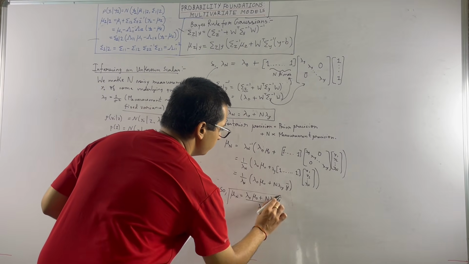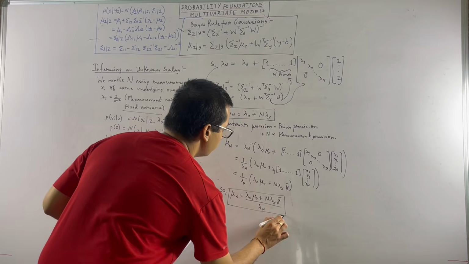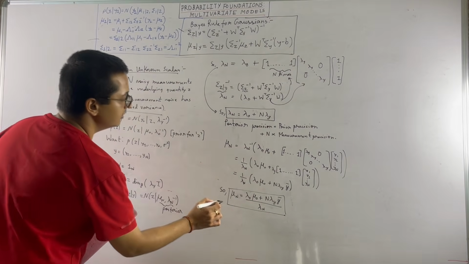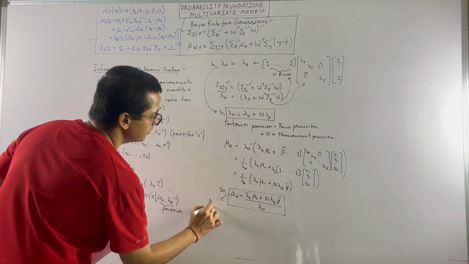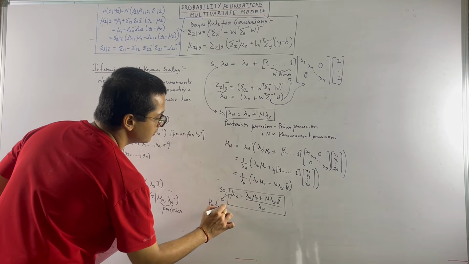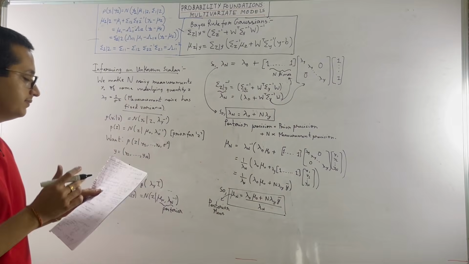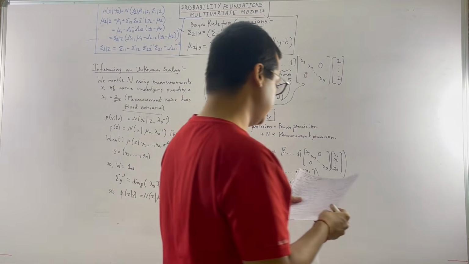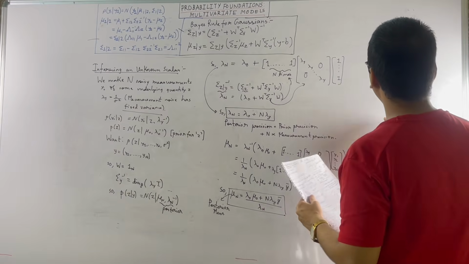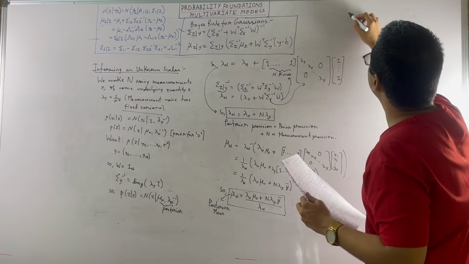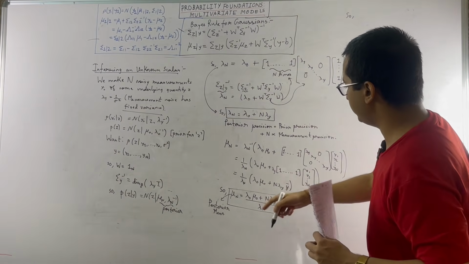Now we can interpret this posterior mean in many ways. This is the posterior mean. All right, so how we interpret it is that I can just expand the lambda n.